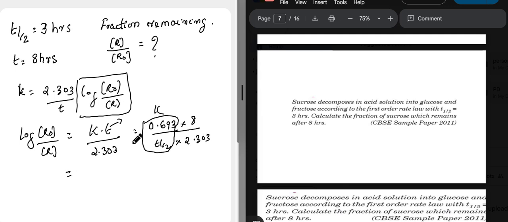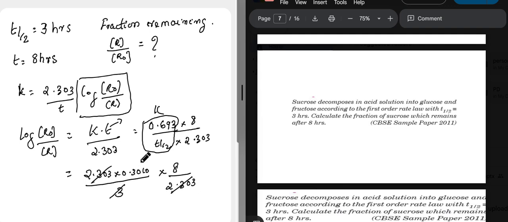I told you in the previous problem also, 0.693 you can substitute as 2.303 into 0.3010. T half is 3 hours. Then 8 by 2.303. See, the calculation will become much simpler if you split like this.